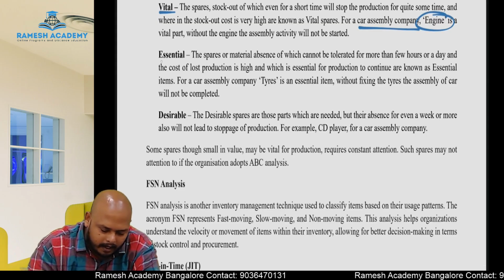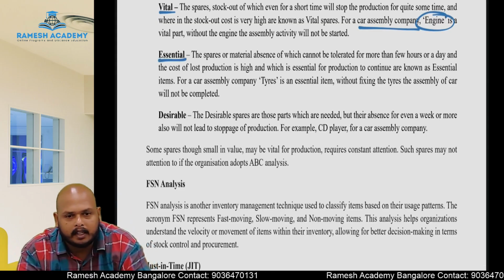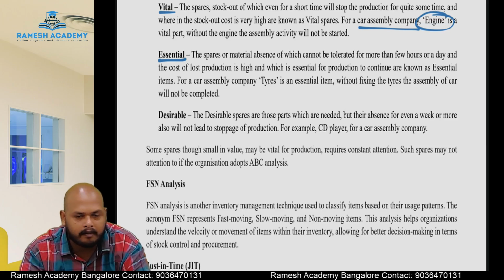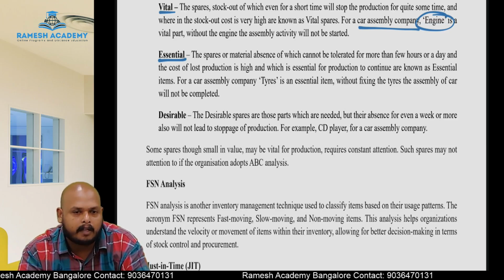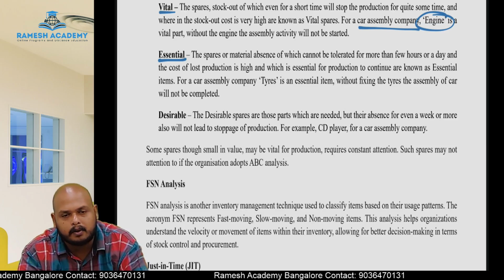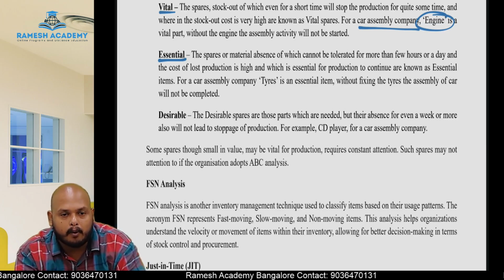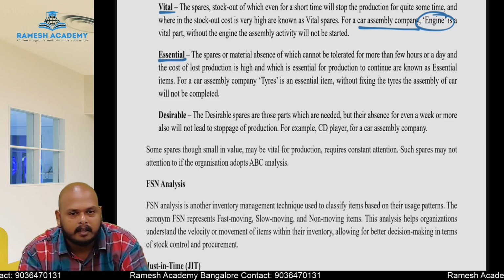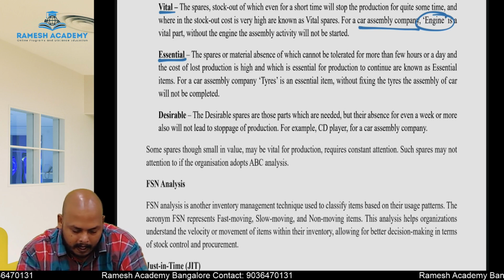Next one, essential. Essential is nothing but if the spare part is necessary but not immediately, only after a certain period of time. If this stock is not available for a certain period of time, it's okay. But if it is not available for a longer period, if there is a longer delay, then again it is an issue.